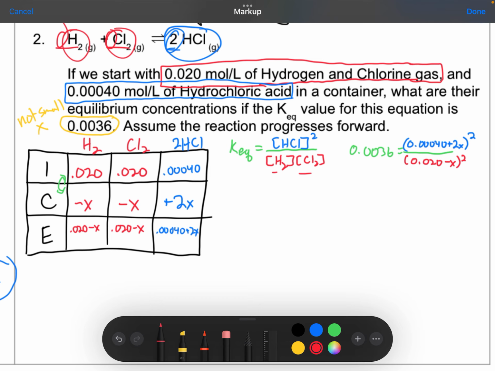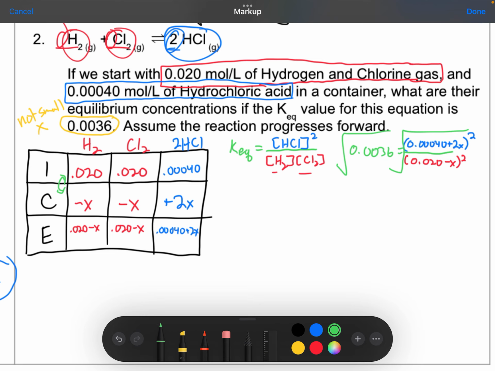Now, obviously we have two squared things, and that could theoretically present a problem, but the really nice thing about this problem in particular is that both of those are squared. So what we can do to make our own lives easier is just go ahead and square root both sides of this equilibrium expression to get rid of those squares and not have to deal with the quadratic formula. So I go ahead and rewrite that.